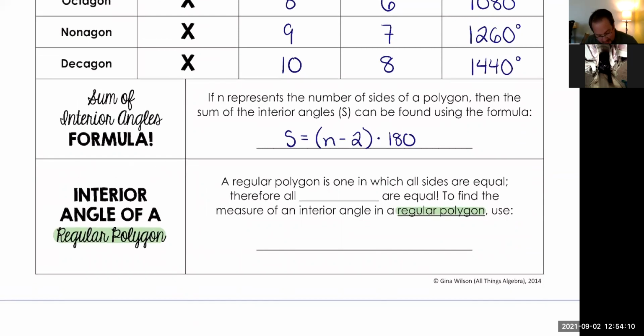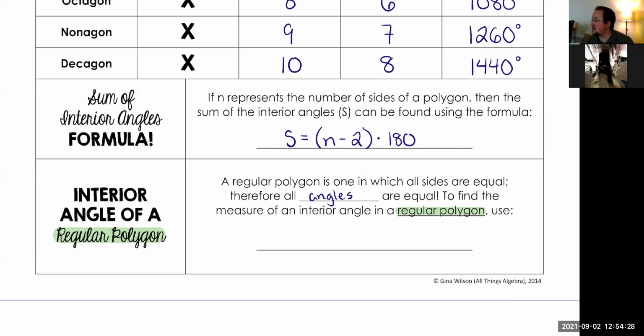In order to find one of those angles, it says that a regular polygon is one in which all sides are equal. Therefore, all angles are equal.